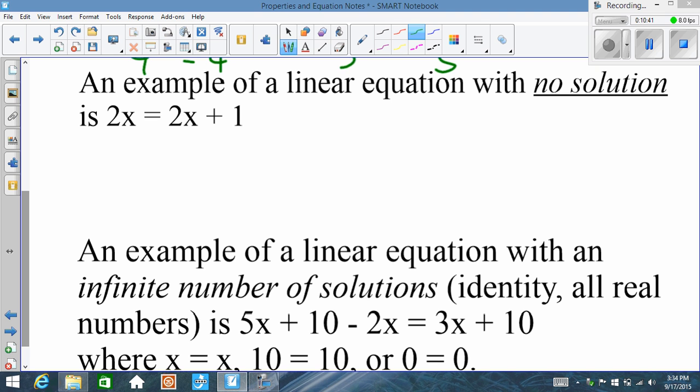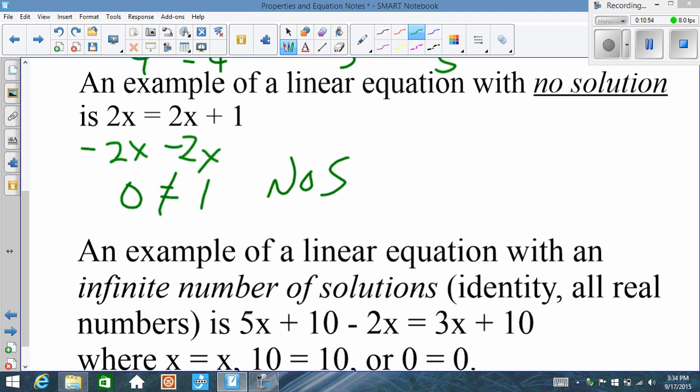An example of a linear equation with no solutions is this here. We would say minus 2x, minus 2x. That's 0 equals 1. That's not true, so it's no solution. Or we might write the empty set or the bracket empty set. Those are all possible ways to write that.